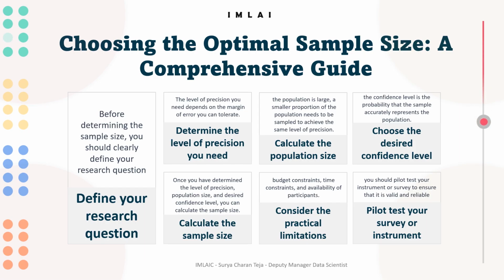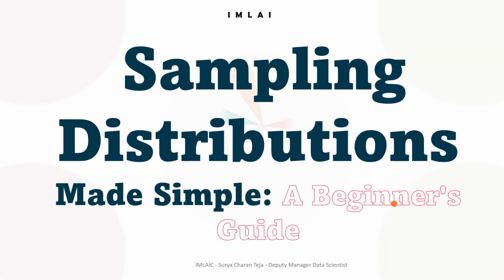So now we will be moving on to the third section of the intuitive sampling and distribution for you course. In this we will be looking at sampling distributions made simple, a beginner's guide. Here we will be looking at various sampling distribution techniques and how we can leverage these distributions when we work with similar kinds of data in data science modeling.